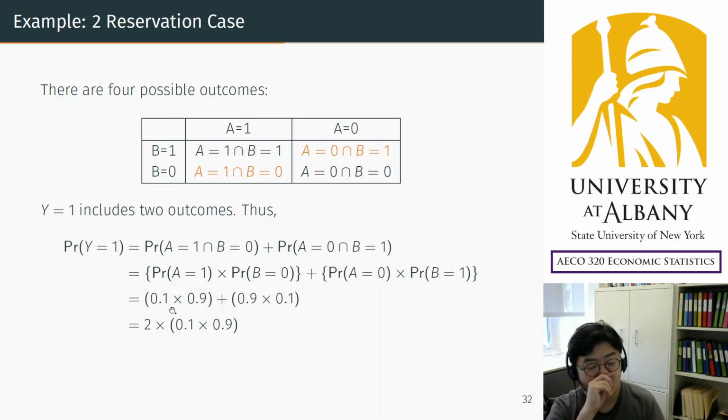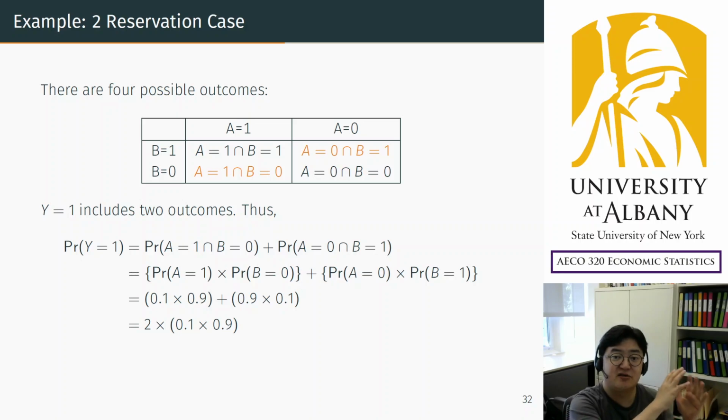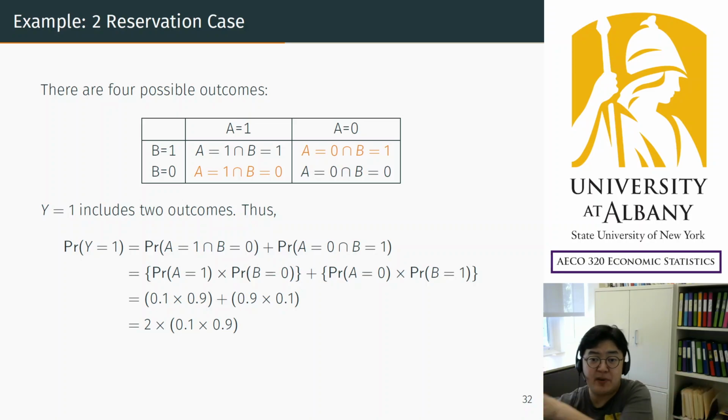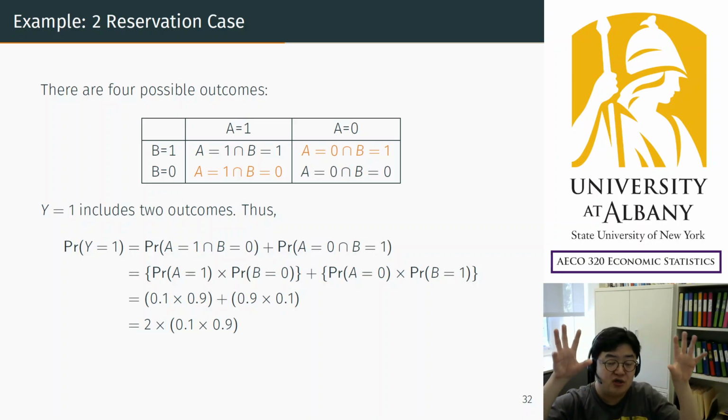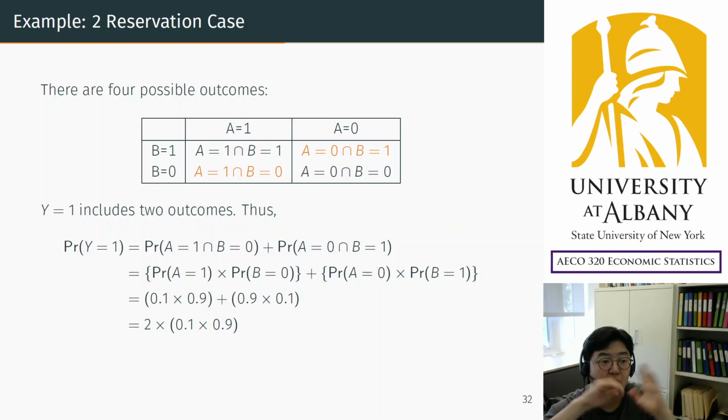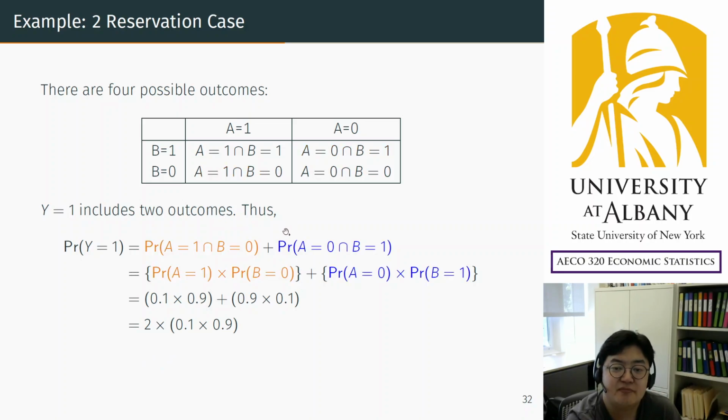So the trick was that you have to think about all possible cases. So when I say 1 reservation is canceled, it could be A who cancels the reservation, or it could be B, right? So there are two possible scenarios. You have to consider both cases. So the probability is double of a single scenario's probability, right?